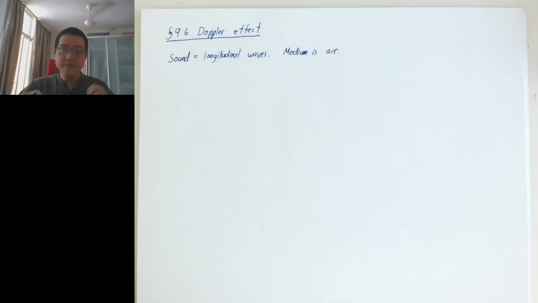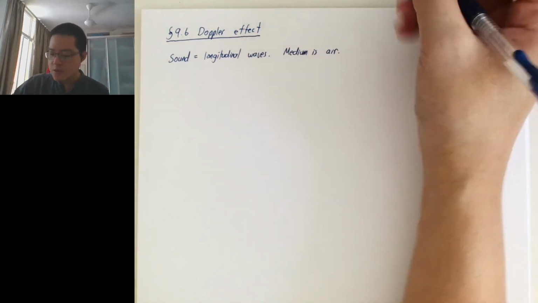Okay, so right now people can hear sound, we can talk to each other, we can detect sound, because we are surrounded by air. So when we talk, we disturb the air molecules and the disturbance will propagate, and then our ears will detect them as the sound, and this is how we hear things.